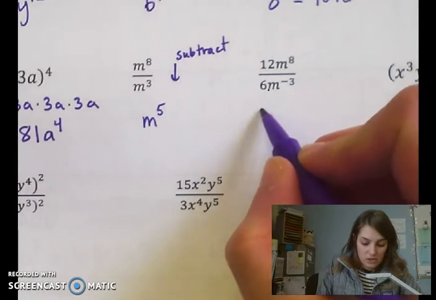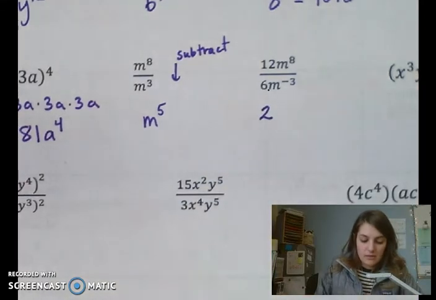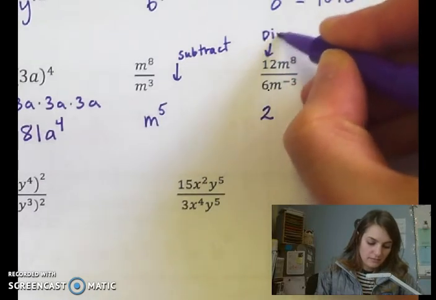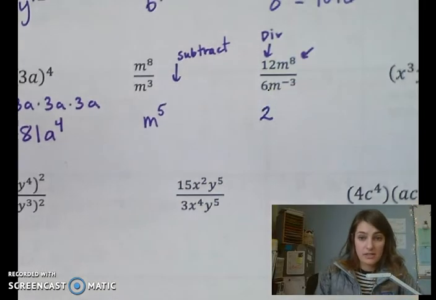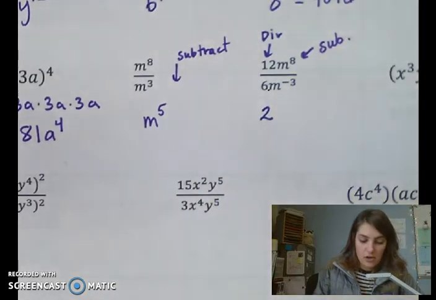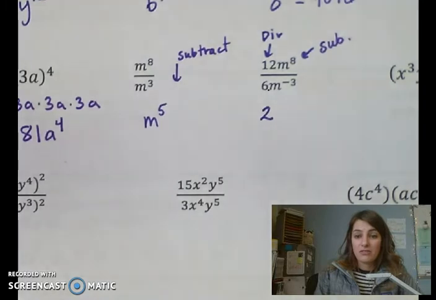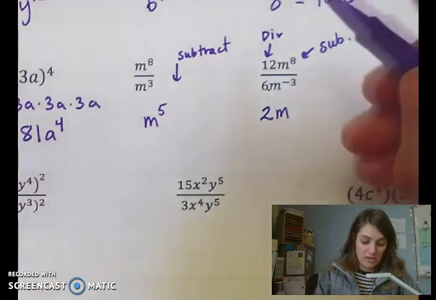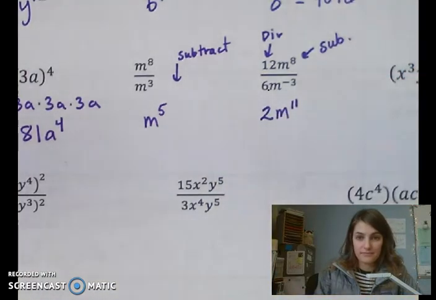So we have 2. And then we're still going to subtract these exponents, because we're dividing. So 8 minus negative 3, minus negative means you're going to add, 8 plus 3. So it's actually m to the 11th. That was a tricky one.